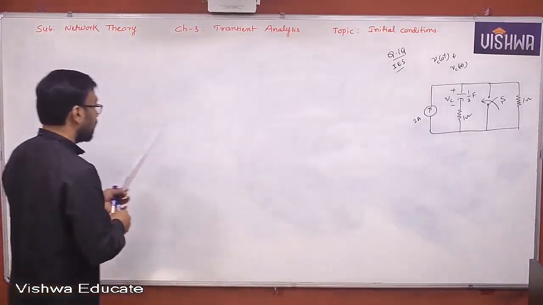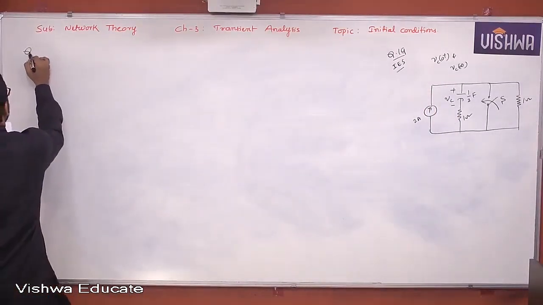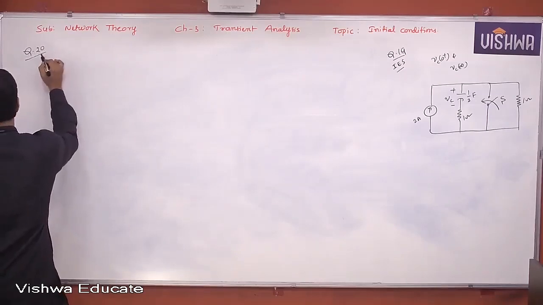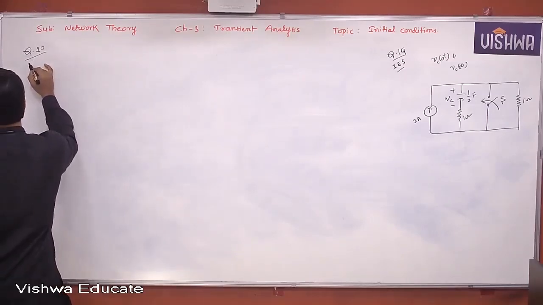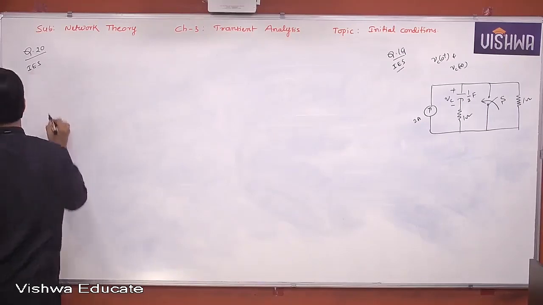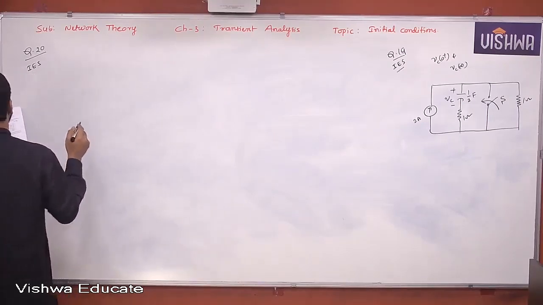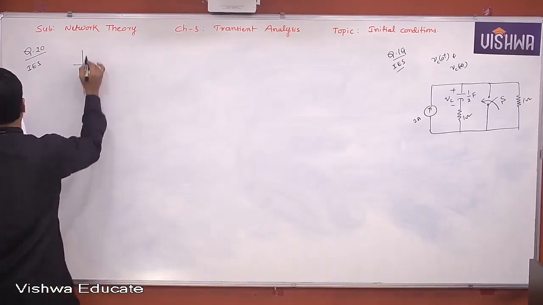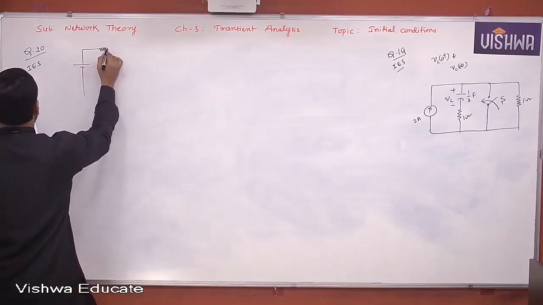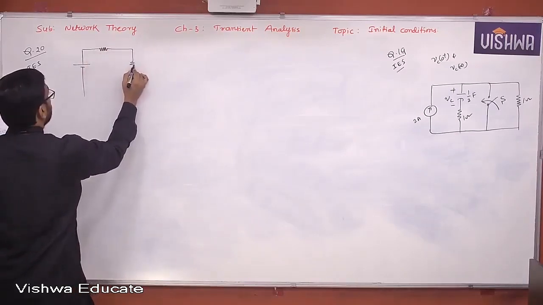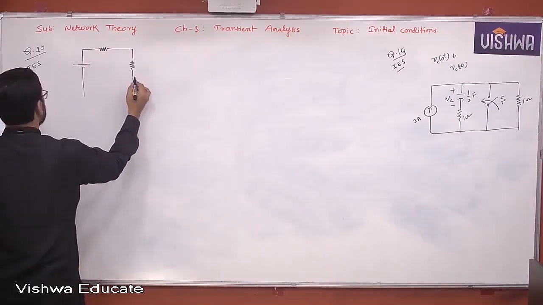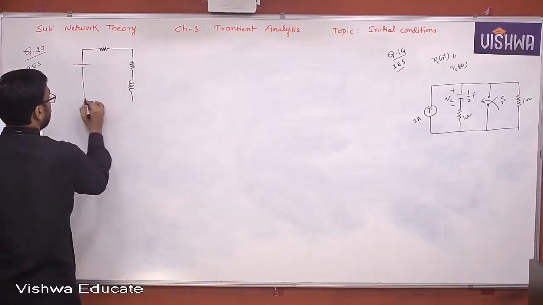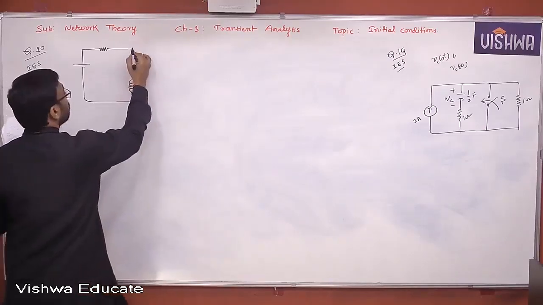Meanwhile, I just note down another problem, question number 20. This was also asked in IES. It's a very interesting problem. Of course, a simple problem. You can do that. That problem you can complete. Meanwhile, I take another problem here.